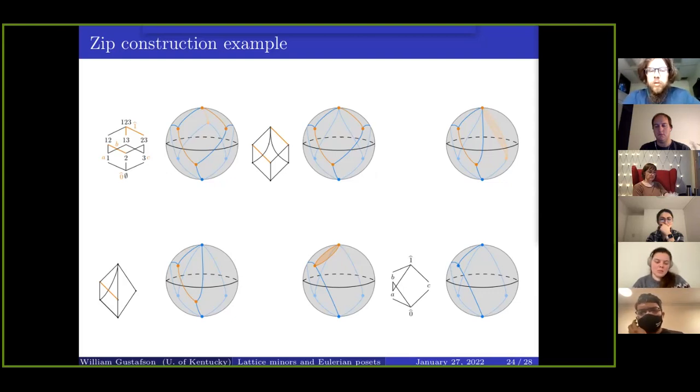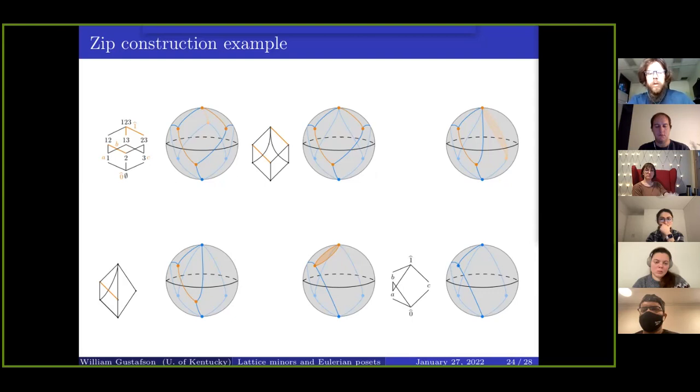This is corresponding to the minor, which is the upper interval above the 3rd atom in the lattice. And in that minor, we've identified 2 of its generators. That means we have to zip that in the zip construction. So we zip the 2-gon, contracting it to get an edge in the complex on the bottom left.